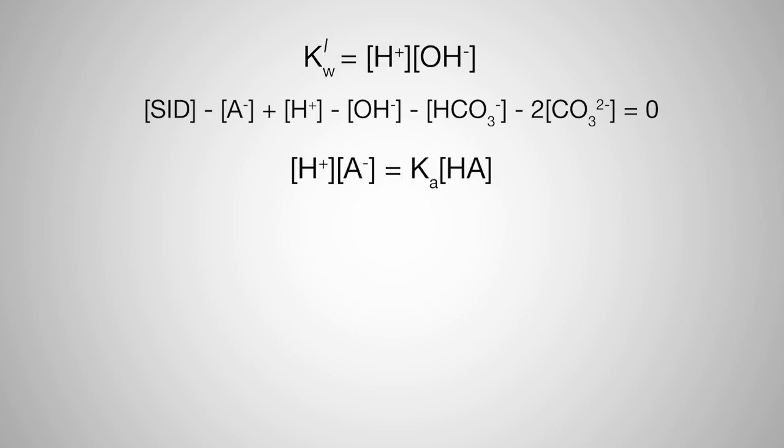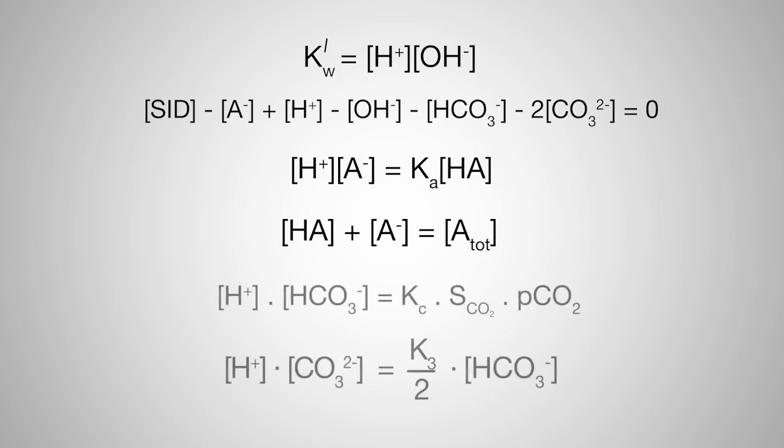Then hydrogen ion concentration times A minus concentration to give HA, our weak acid concentration. HA concentration plus A minus concentration giving our total weak acid, which is nothing more than a conservation of mass formulation. And then our 2 CO2 equations.